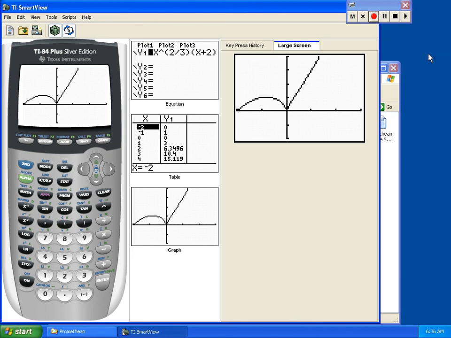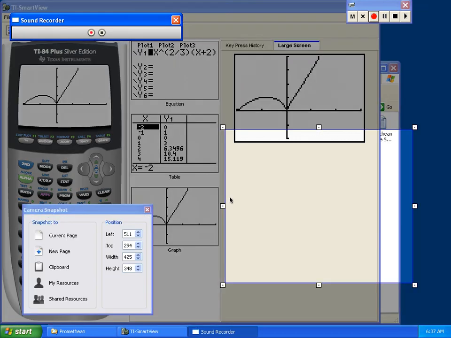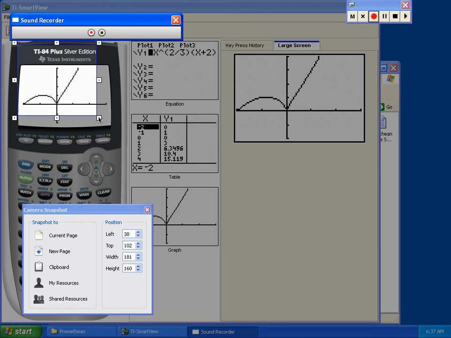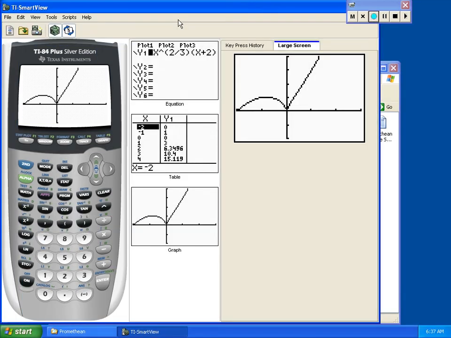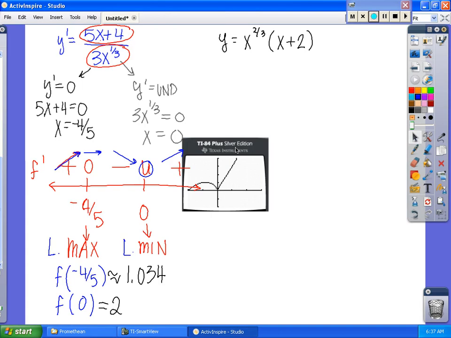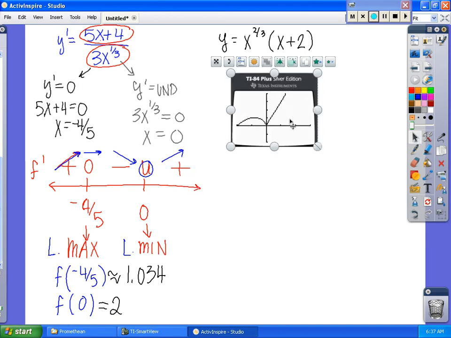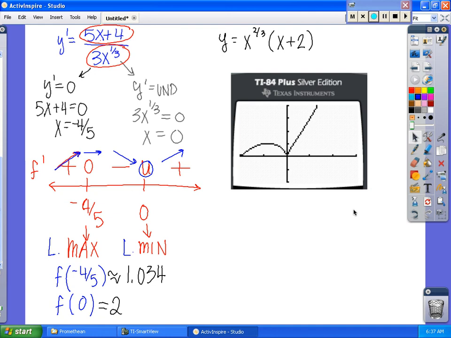Let's take this. And here we go. You can see what's happening. You can see that we do have our maximum right around here, which is -4/5.